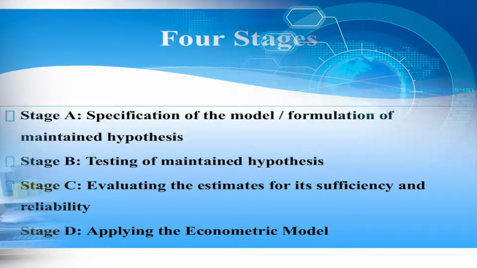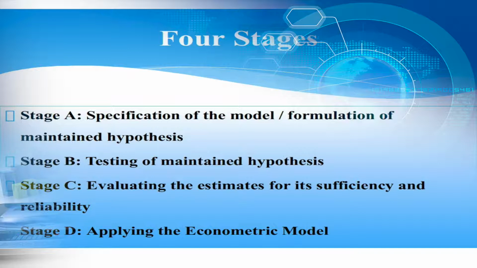Econometric methodology has 4 steps. Stage A is the specification of the model or formulation of maintained hypothesis. In stage B, we will test the maintained hypothesis. In stage C, we will evaluate the estimates for their sufficiency and reliability.